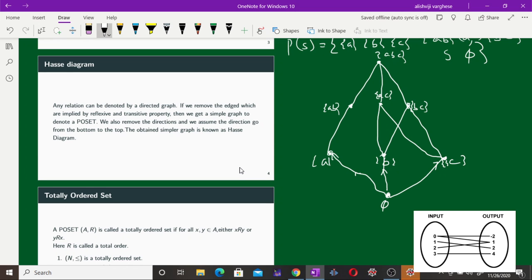And you don't need to draw the directed edges here, because the relationship is from bottom element to top element. Phi is related to B and B is related to BC; B is not related to AC. So here like this, and B is related to AB. So here we have an edge.